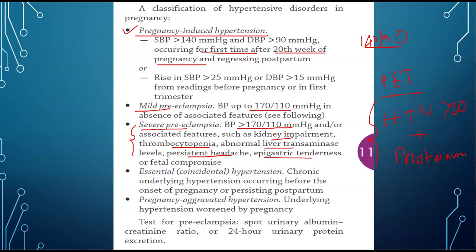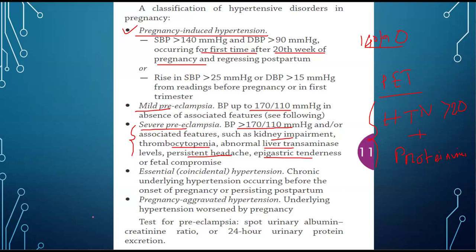Any of these complications, if present, makes it severe preeclampsia immediately. So that's mild and severe preeclampsia. It's mainly based on how bad the hypertension is, and also depends on the features.